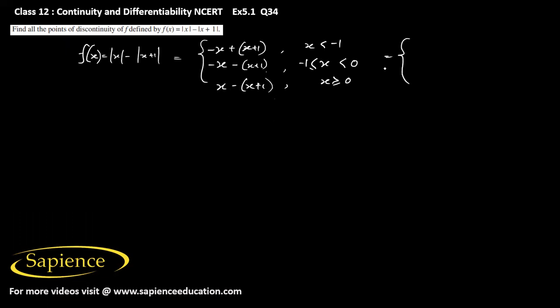So this will be equal to minus x plus x, that will cancel out. That will be 1 if x is less than minus 1, and this is minus 1 minus 2x when x is greater than or equal to minus 1 and less than 0.